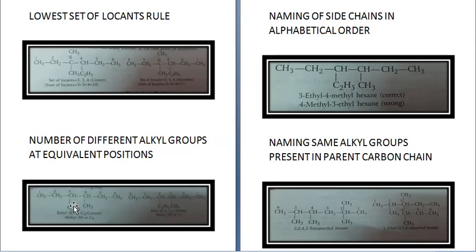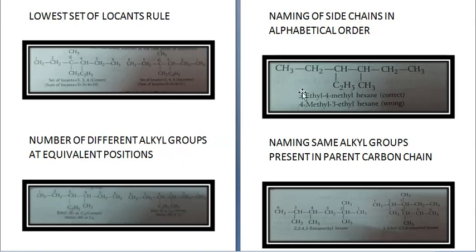Now next is naming of side chains in alphabetical order. When 2 or more side chains are present in the carbon chain, then each side chain is written in alphabetical order irrespective of the position. Numbering is done so that the number comes minimum for the first chain.